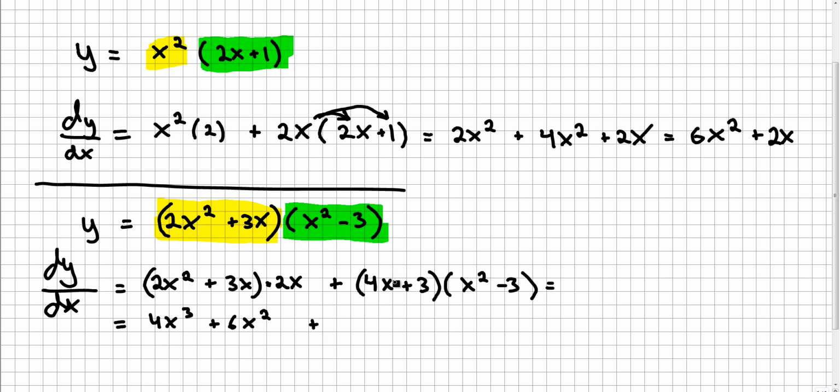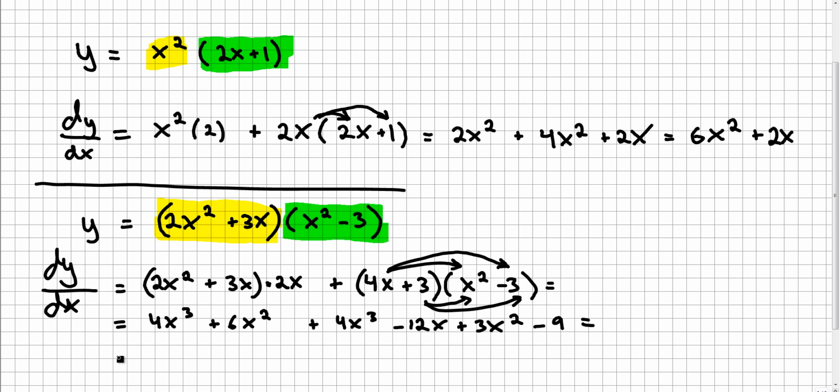And then it's going to be this times this, and this times this. 4x times x squared is going to be 4x cubed. 4x times minus 3 is minus 12x. 3 times x squared is going to be 3x squared. Plus 3 times minus 3 is going to be minus 9.